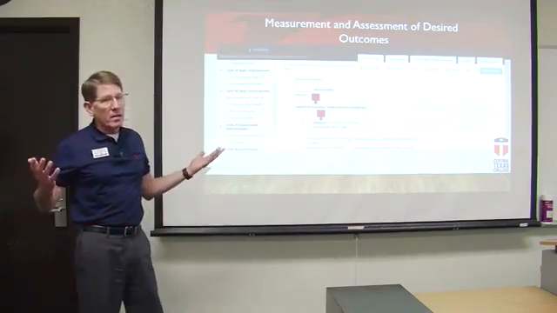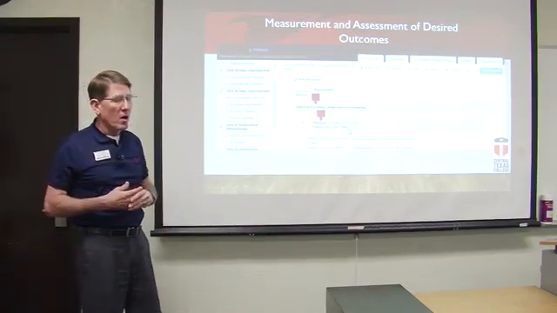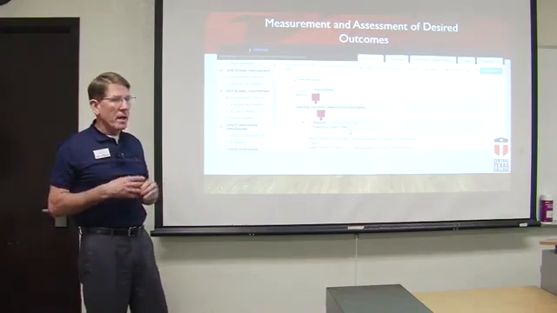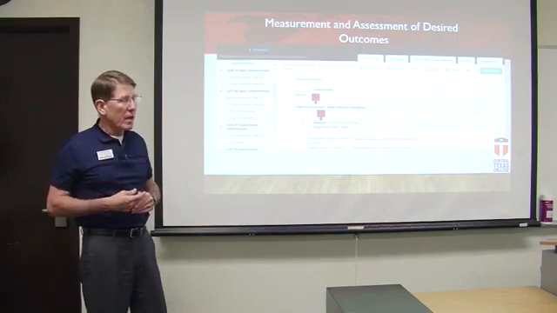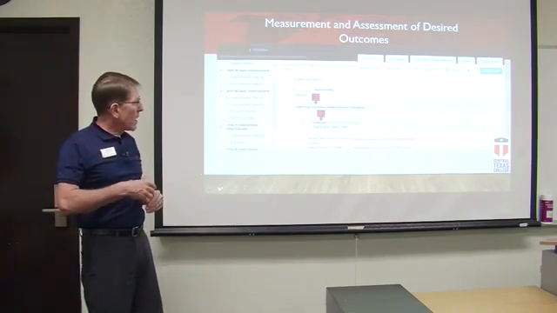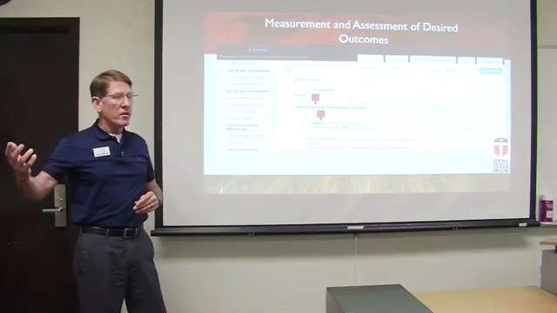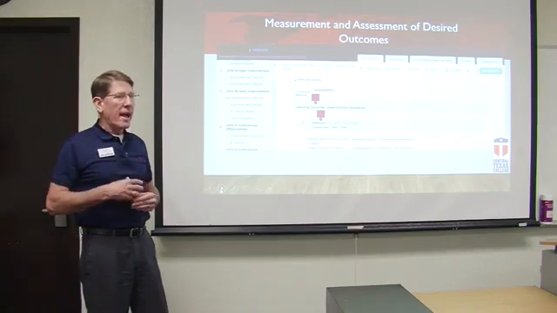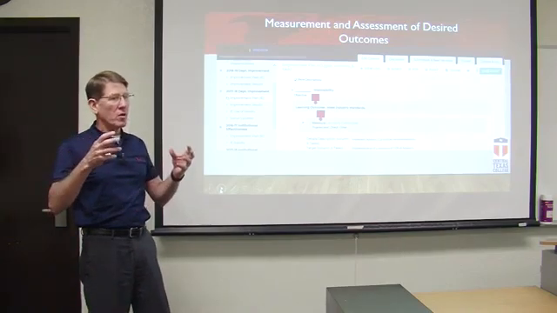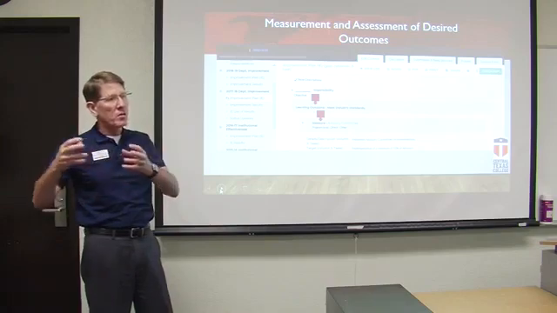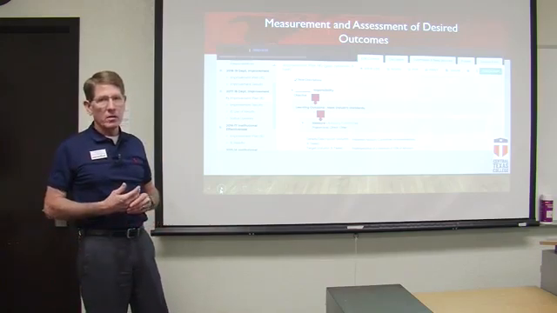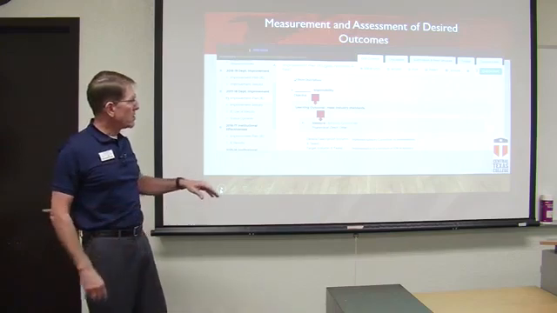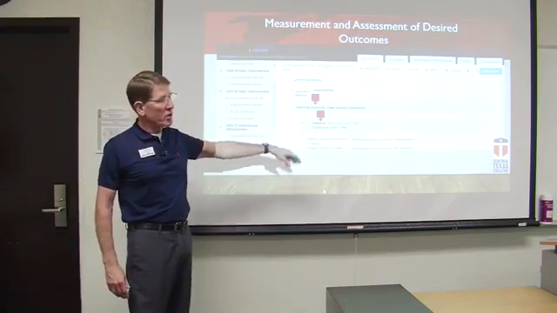Now, that could be anything. If it was in an academic department, a direct measure could be a final test score on an exam. That's a direct measure. An indirect measure would be going back and sending a survey to someone that graduated last year, asking them if they learned everything in their program that they needed to know to work in the profession that they chose. That's an indirect measure, okay? But this is going to be up to you what measurement levels that you choose.